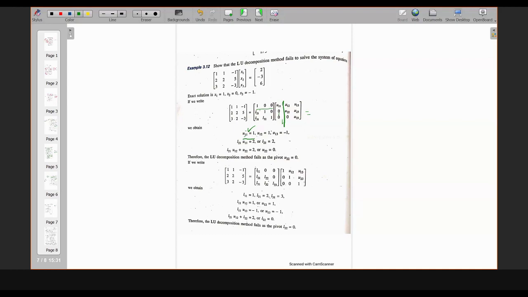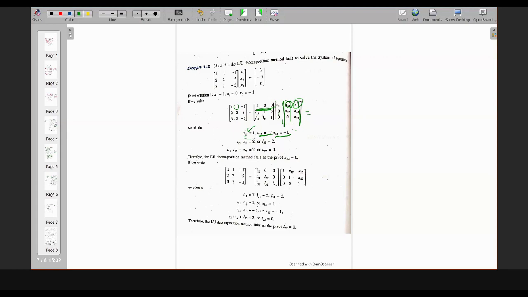Next, first row and second column gives U12, and the corresponding element is 1, so U12 is 1. Then first row, third column gives U13, so U13 is equal to -1.